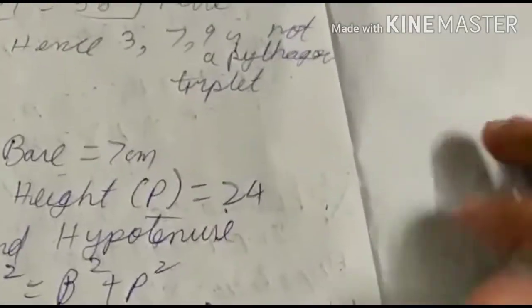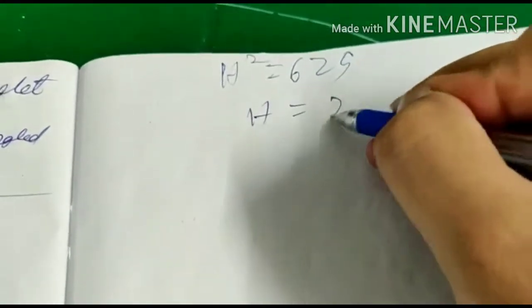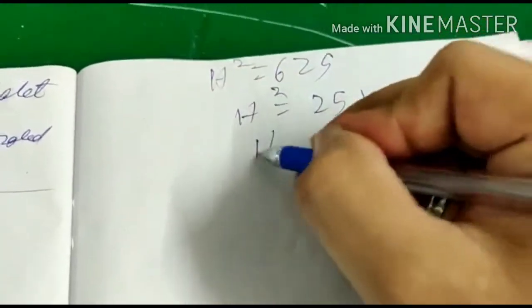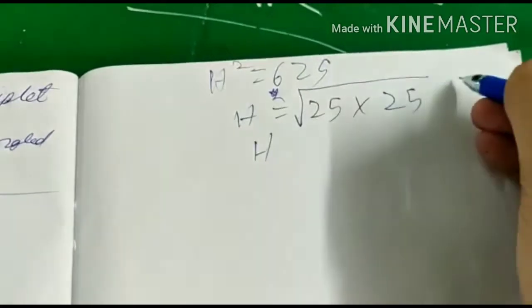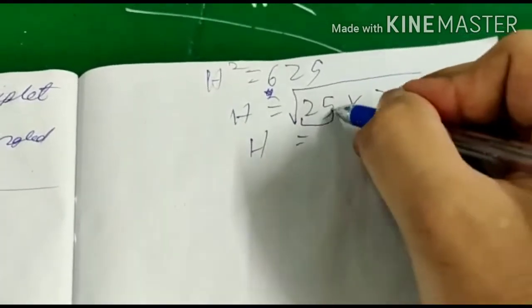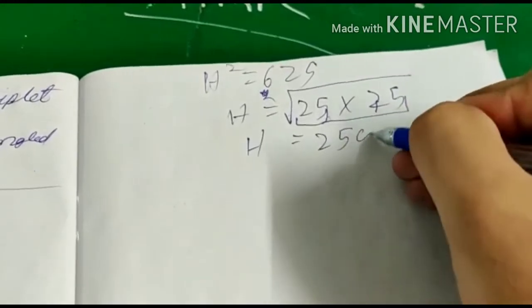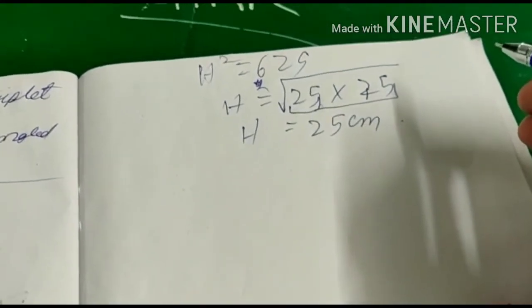Here H square equals to 625. H is equals to root 625. Root 625 is 25 into 25, so this is forming a pair. So H is equals to 25 centimeter. So hypotenuse here is 25 centimeter.